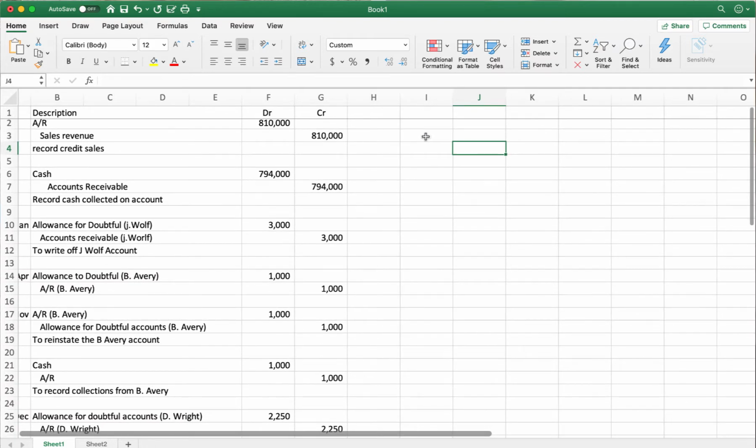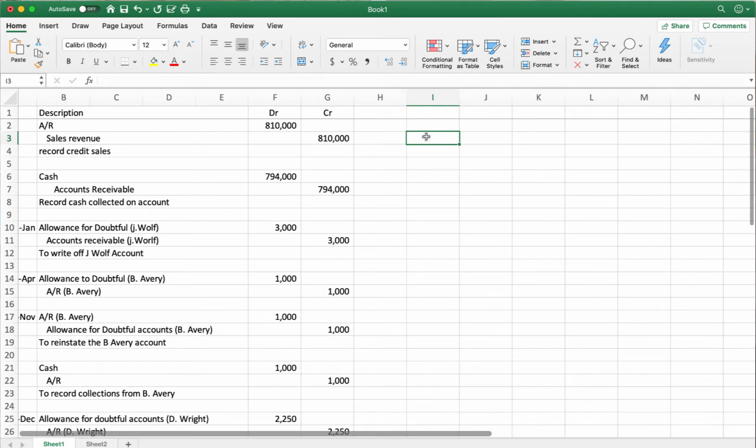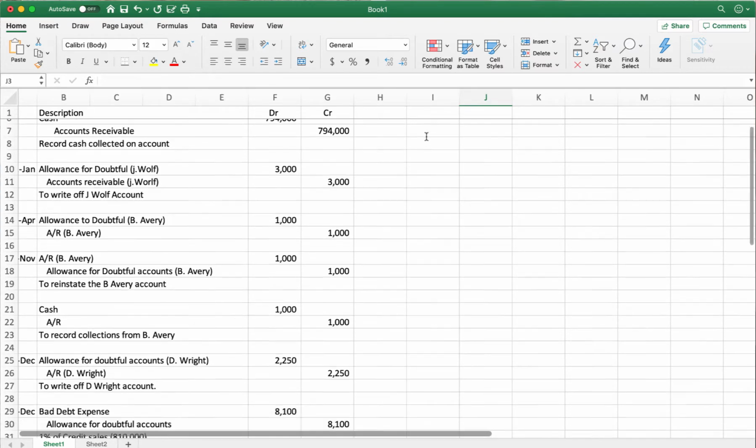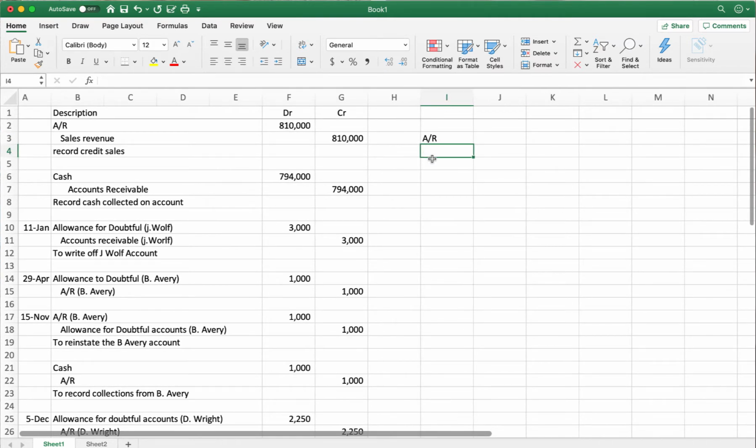So we know that we have our AR, and they tell us our accounts receivable originally was $130,000. Allowance for doubtful accounts is $7,000, right? So I'm going to say AR, and then I'm going to say allowance, okay?